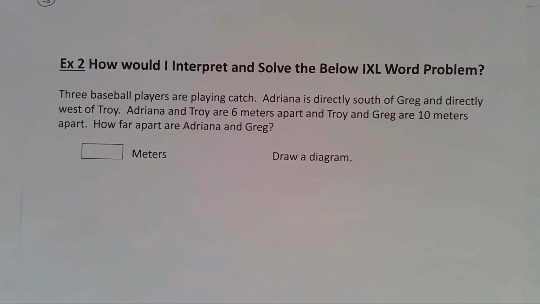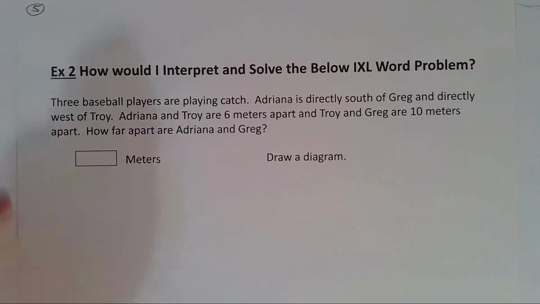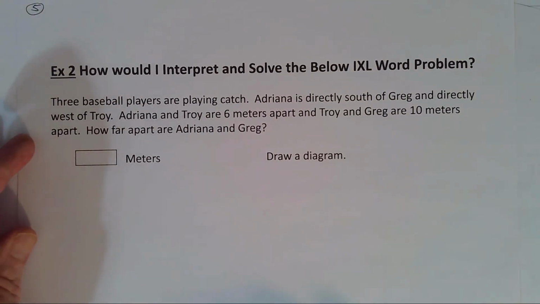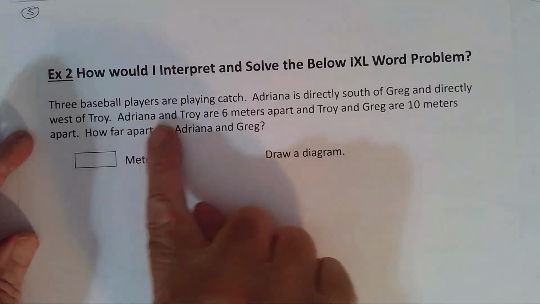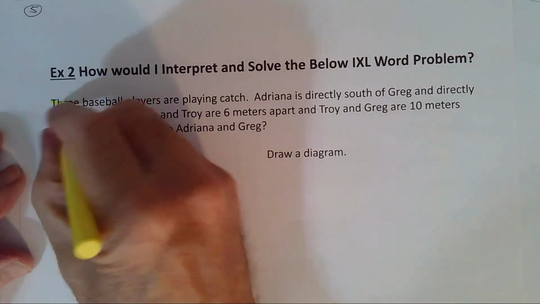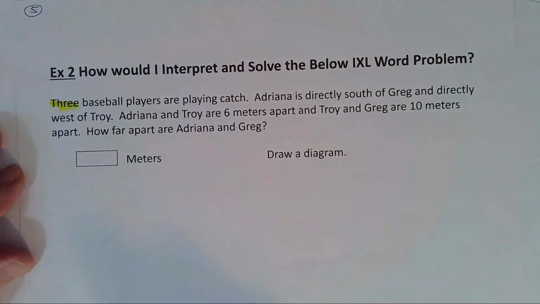All right. So here's the last one we're going to do. So here's a word problem. And again, it's an IXL style word problem. So you see 3 baseball players, and they're playing catch. Now, cue in. Always cue in on numbers. 3, magic number.